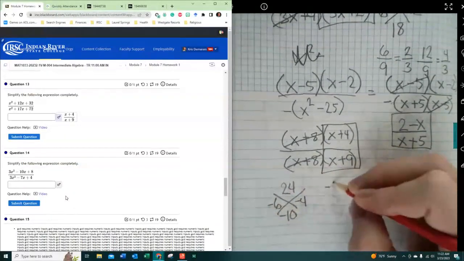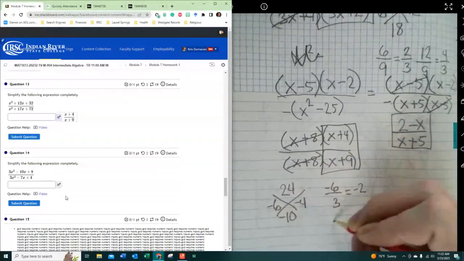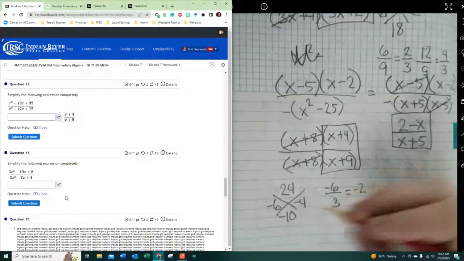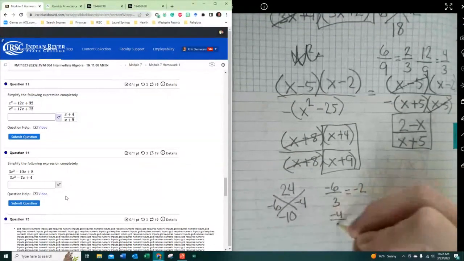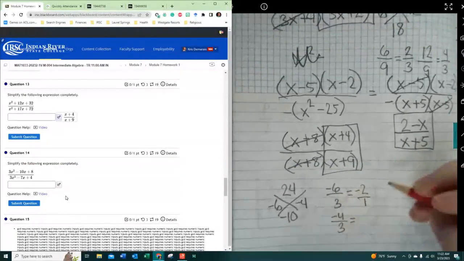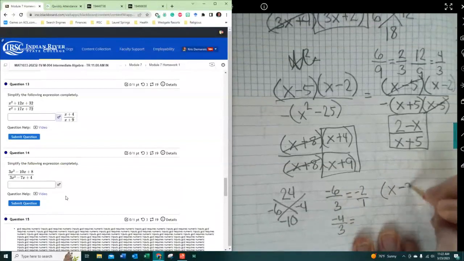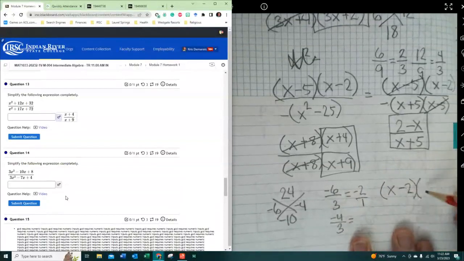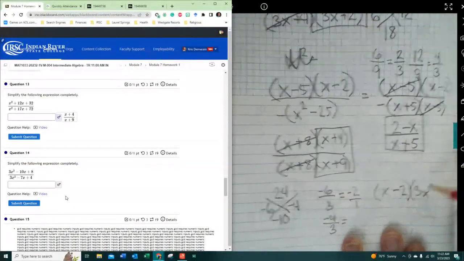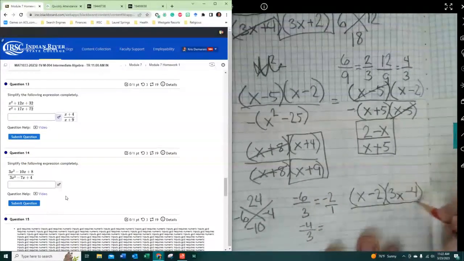So I'm going to have negative 6 over 3 is negative 2. And then I have negative 4 over 3, and that's going to be left alone. So it's going to be negative 2 over 1, which then means I have, for my numerator, x minus 2, and then I have 3x minus 4 for my numerator.